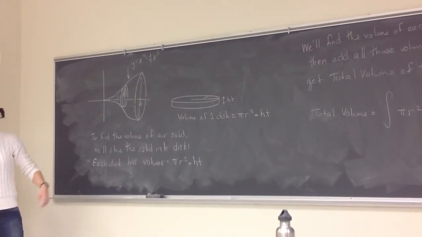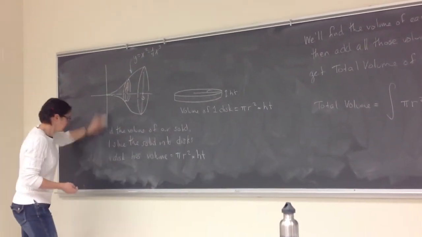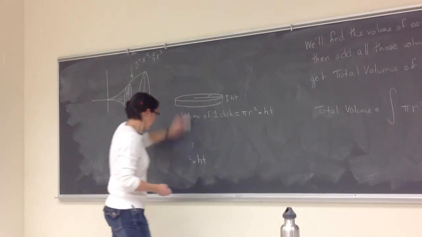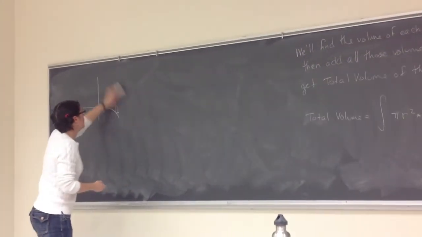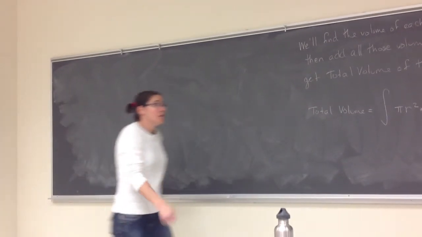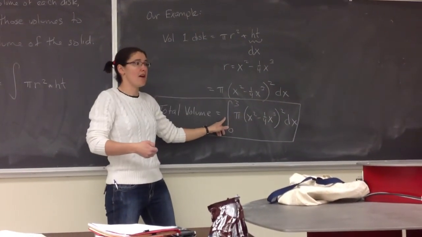All right, so our next job is to actually crunch out the numbers and figure out what the volume of our Hershey Kiss really is. So we've set up the integral here. We now need to solve this. A few things we can do to make our lives easier is we can pull that pi out into the front.